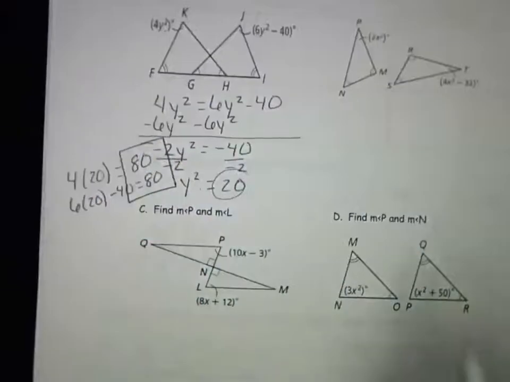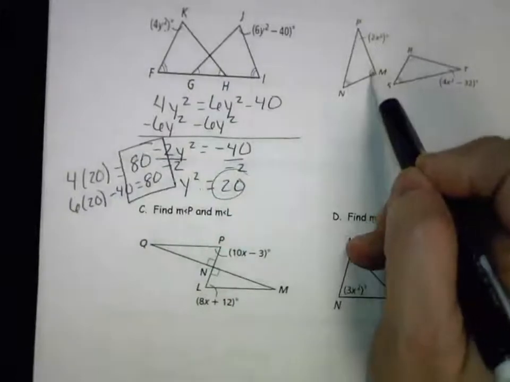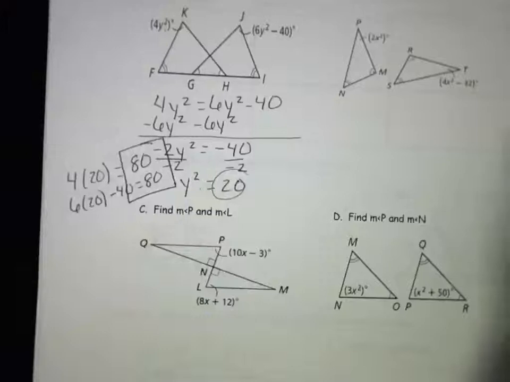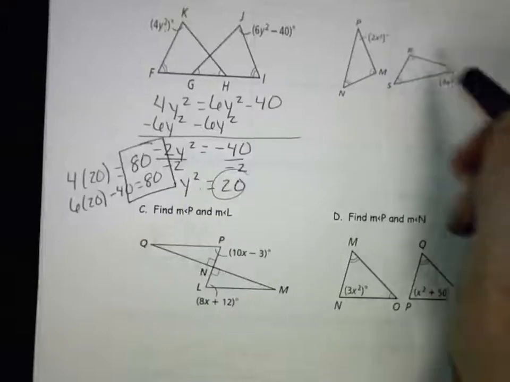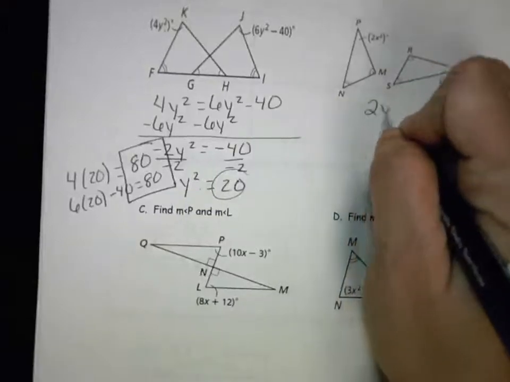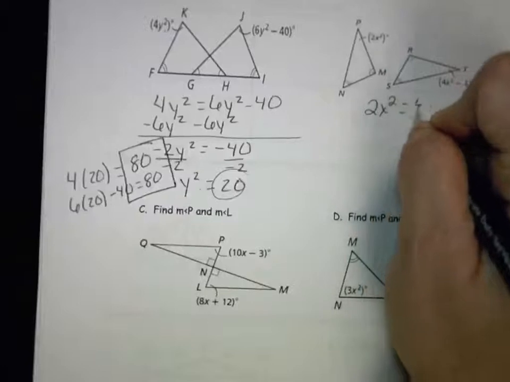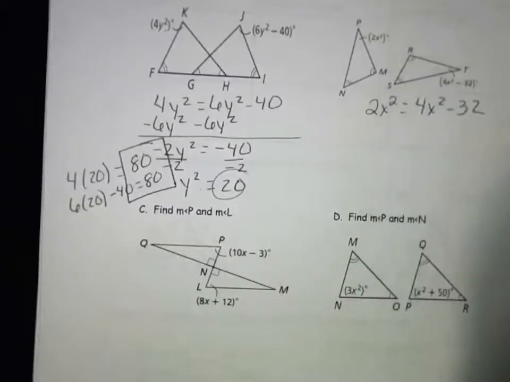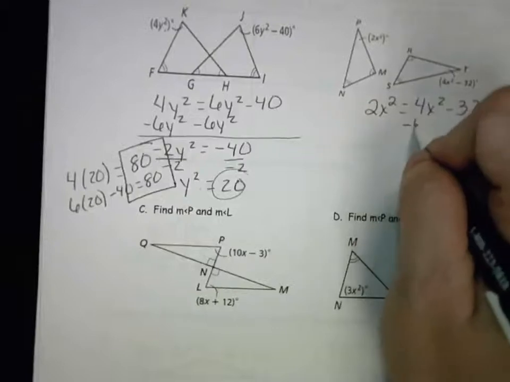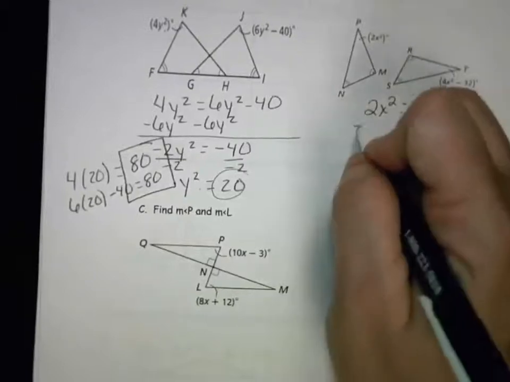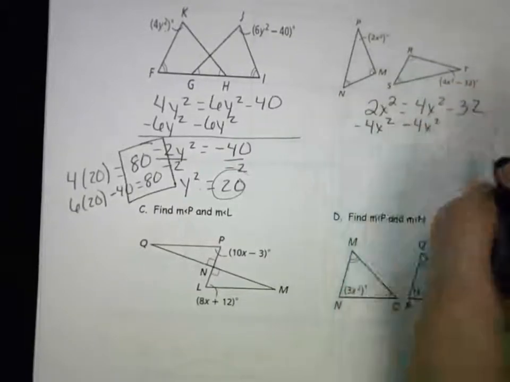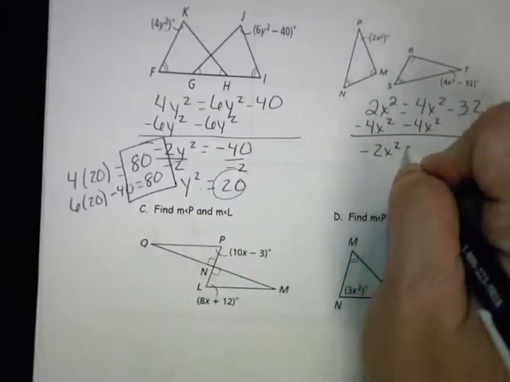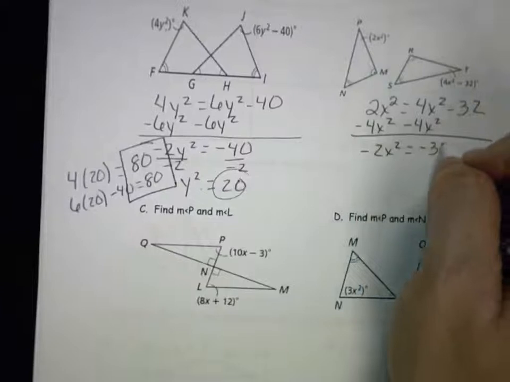In example B, two angles in one triangle are congruent to two angles in another triangle. That means your third angles are congruent. So 2x squared equals 4x squared minus 32. Subtracting 4x squared from both sides, you have negative 2x squared equals negative 32.